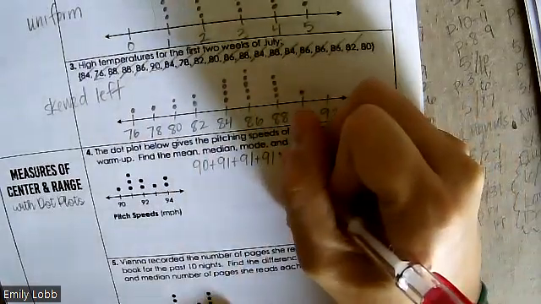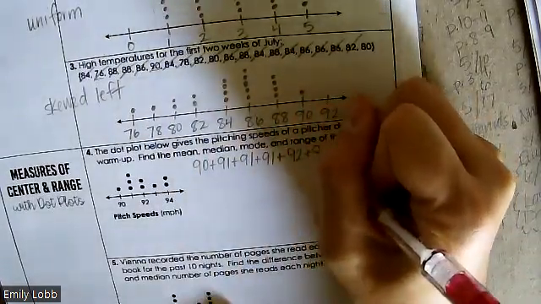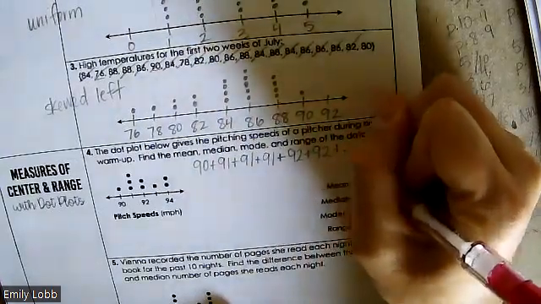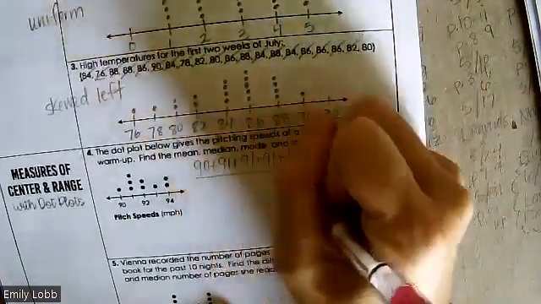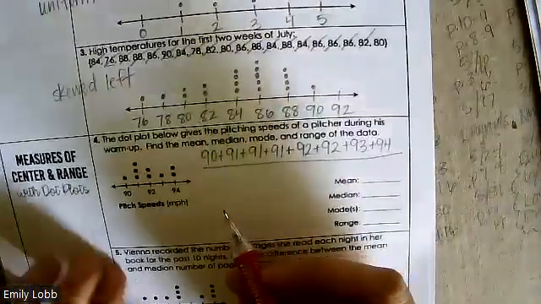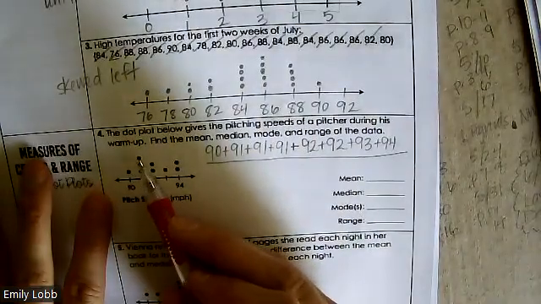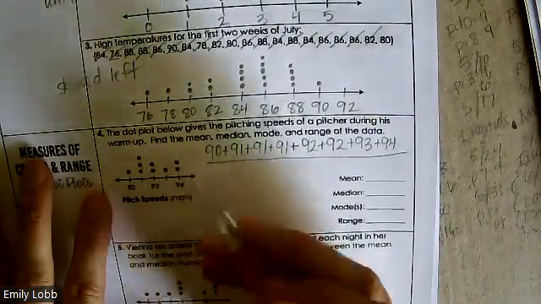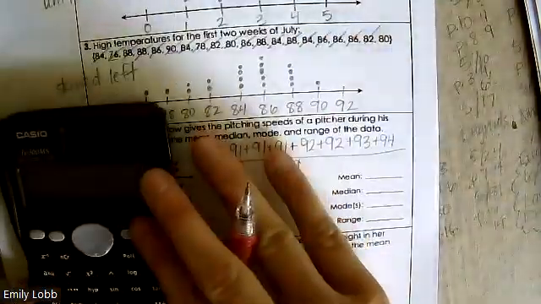But you don't necessarily need to write this out if you feel comfortable being accurate. And then I'm dividing by the number of data values or the number of dots. 1, 2, 3, 4, 5, 6, 7, 8, 9. So I'm dividing by 9 for my mean.